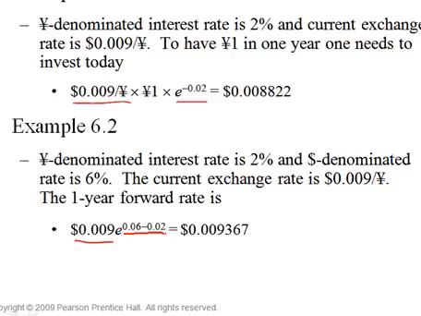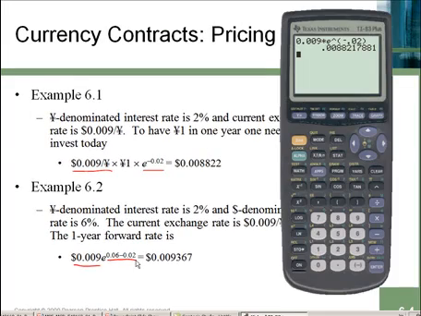So what we have is 0.009, the spot rate, times e to the power of 0.06 minus 0.02. Remember, 0.06 is your domestic risk-free interest rate and 0.02 is your foreign risk-free interest rate.